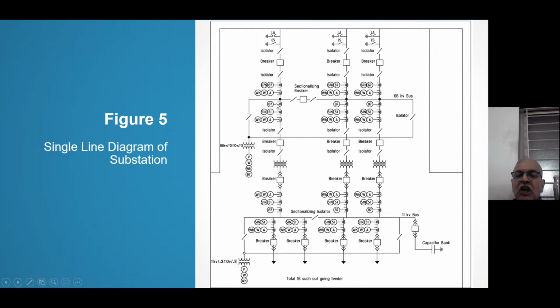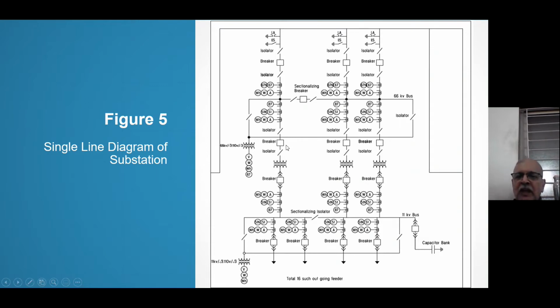Then for the transformer, there are three CT cores. One is for differential protection. Another is for overcurrent and earth fault protection. 51N is earth fault protection. And once again, ammeter, wattmeter, and whatever meter. So that is the arrangement.